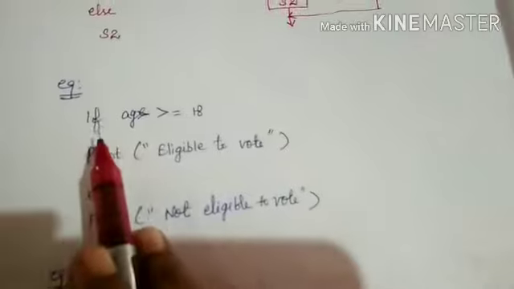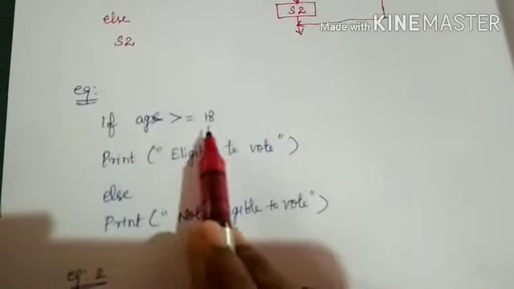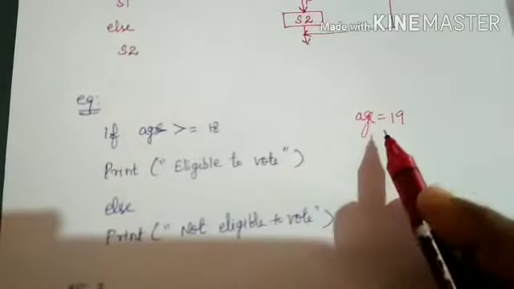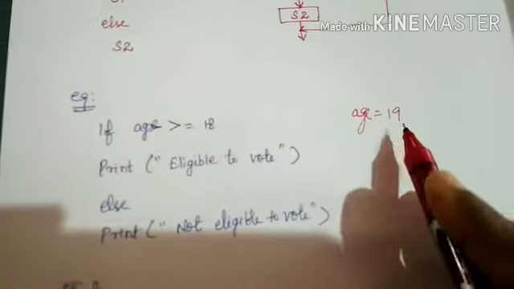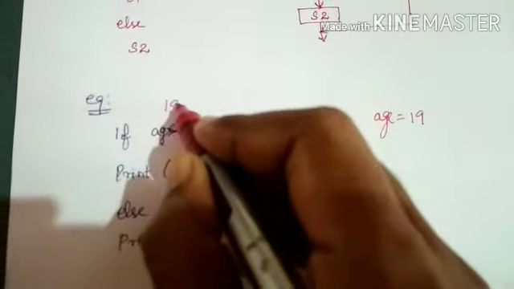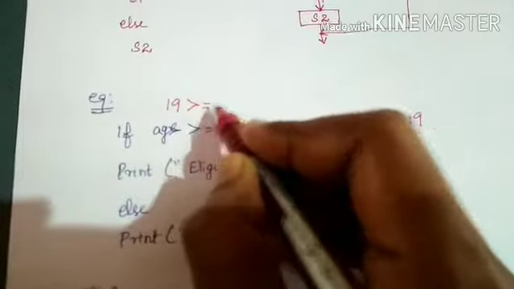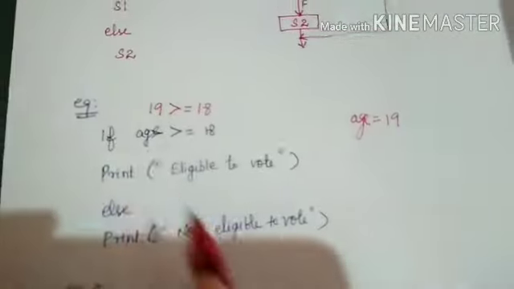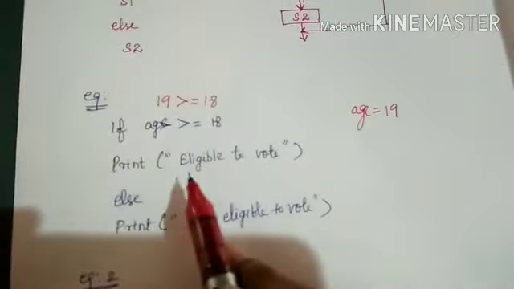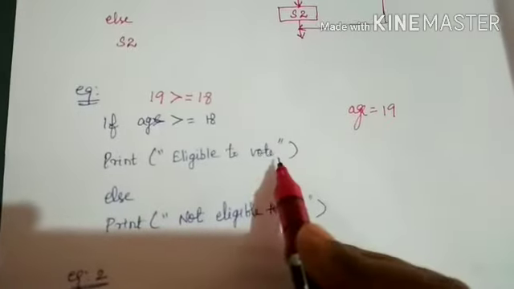For example, if age greater than or equal to 18. Here the input is age equal to 19. 19 greater than or equal to 18. Is the condition true or false? True. So the output is eligible to vote.